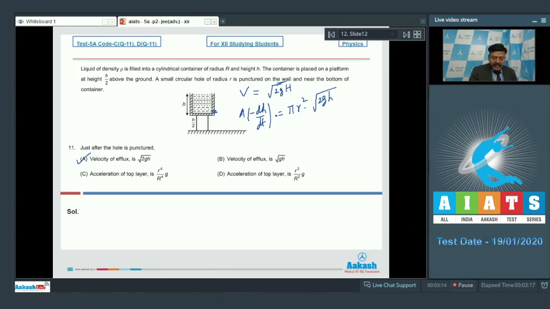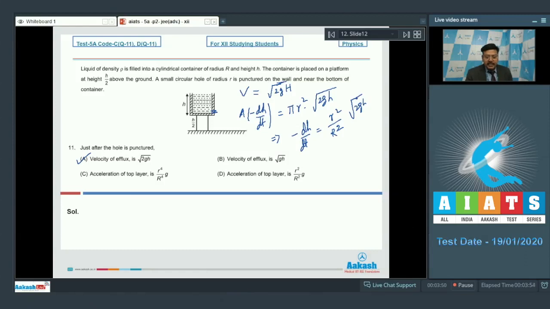Well, here h has been taken as a variable, so let's proceed with this. Now we know capital A is pi into capital R square, so this gives us that minus dh by dt is equal to r square by capital R square into root 2gh.